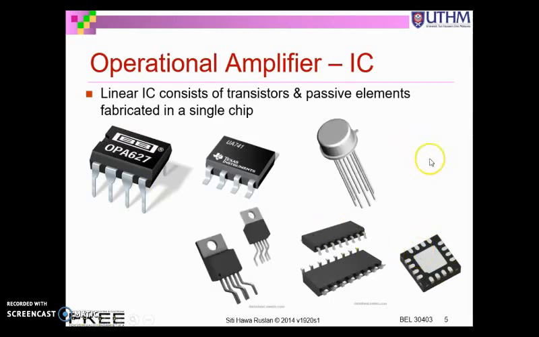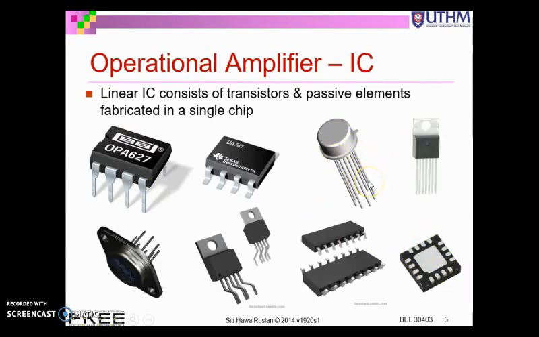Okay, it can also be available in terms of a metal can, and this is another form of op-amp. But usually you'll see this one, the 8-pin dual inline. Okay, this is the part number 627. Usually you'll have a 741 because it is a general purpose op-amp.